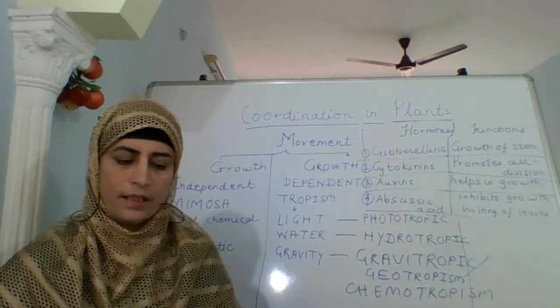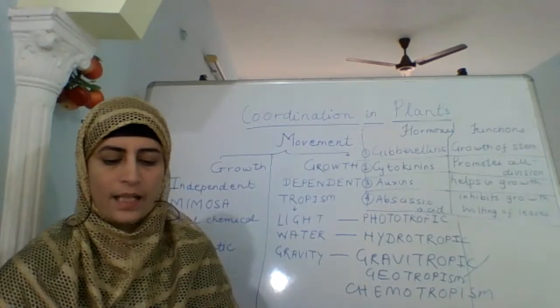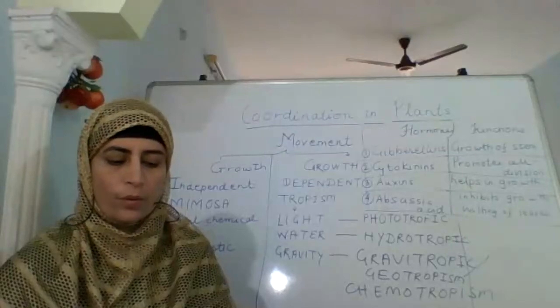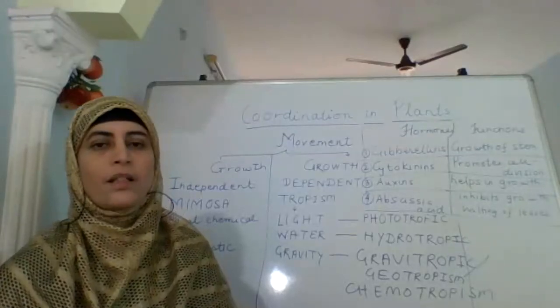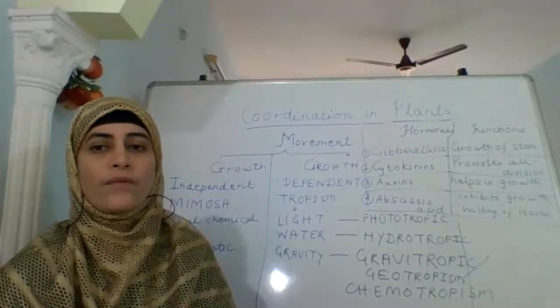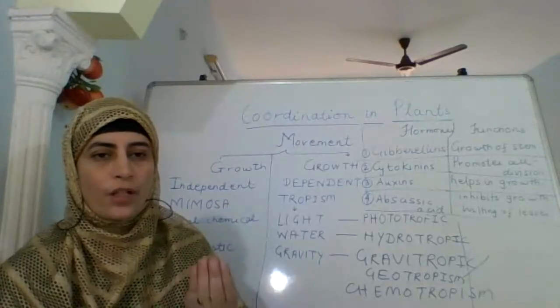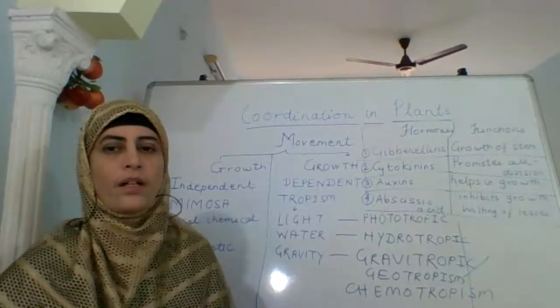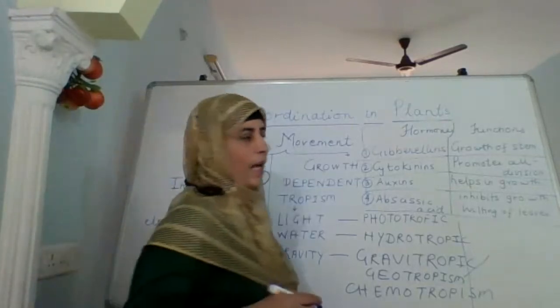Abscisic acid is one example of a hormone which inhibits growth. Its effects include wilting of leaves, meaning drooping, drying up and falling, because of the abscisic acid.